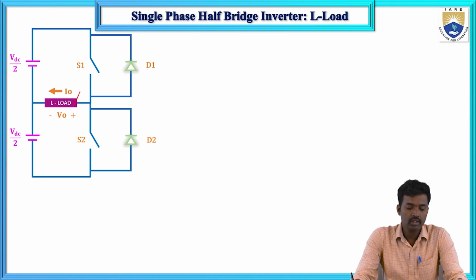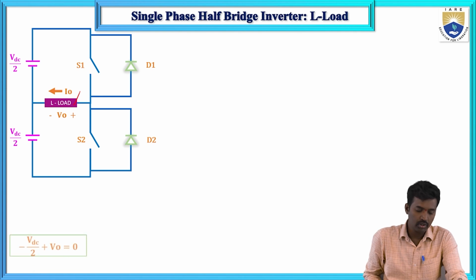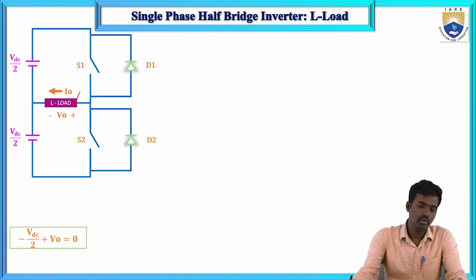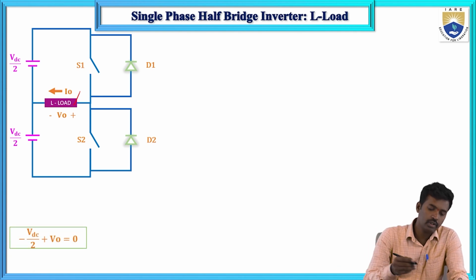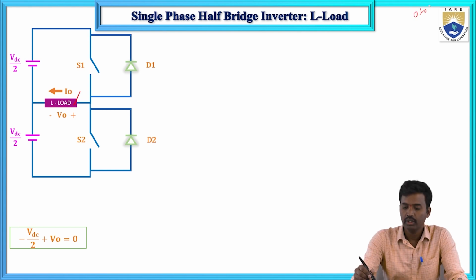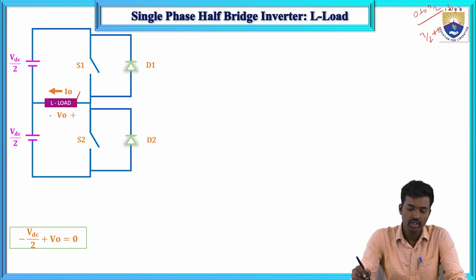Now I will first explain the switching time durations. From 0 to T by 2, S1 will conduct, as we have already discussed, and S2 will be off.